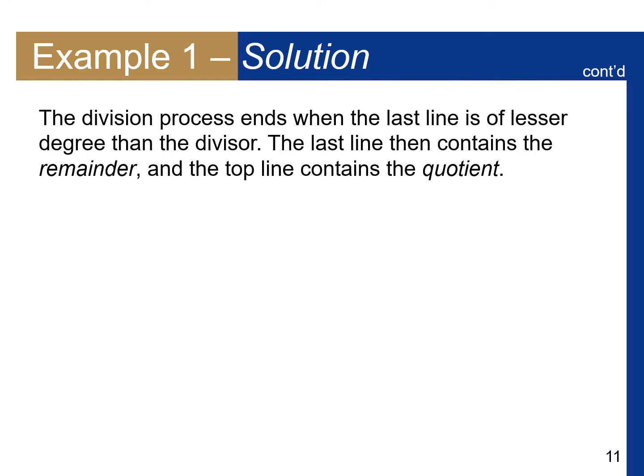So the division process ends when the last line of the lesser degree is 1 less than the divisor. So in other words, we started with x squared, and my quotient started with an x. So it's 1 less than the divisor.